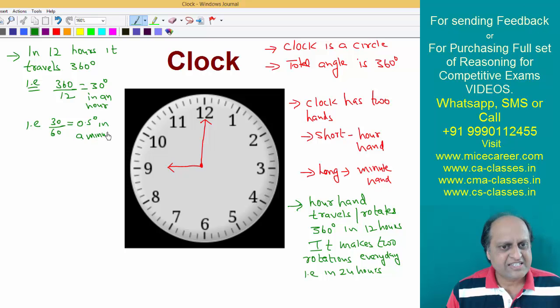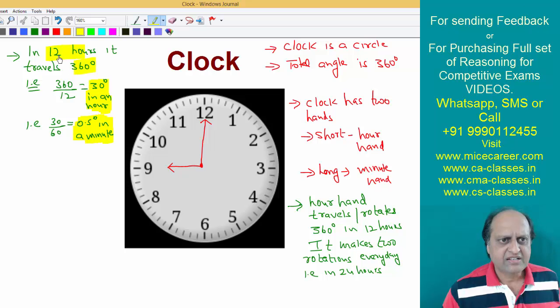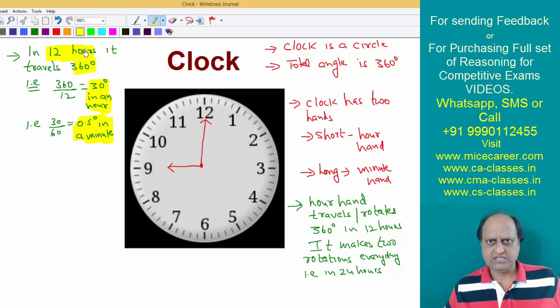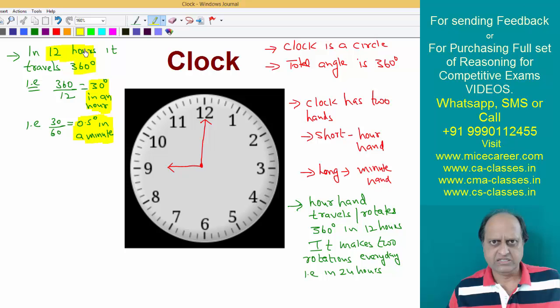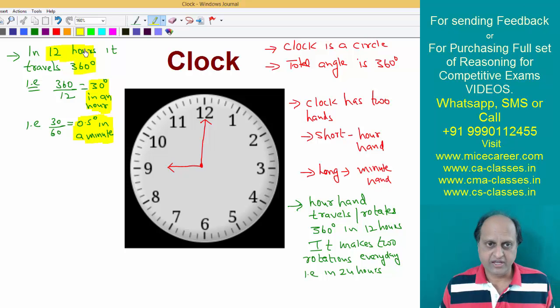So this thing you should always remember. You should mug up. You should remember these two things. Or you can say three things. In 12 hours, the hour hand travels 360 degree.